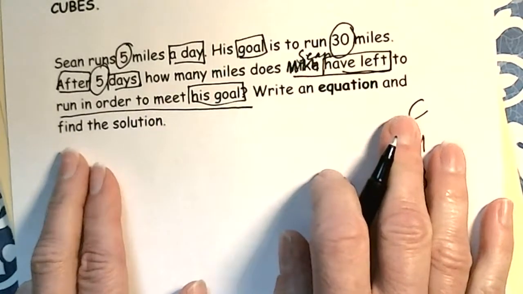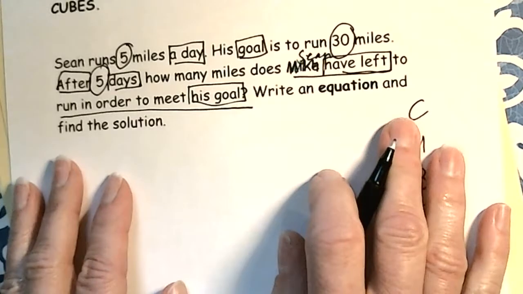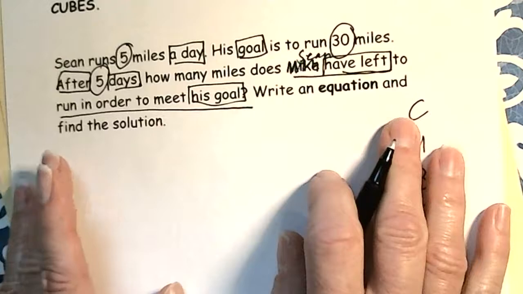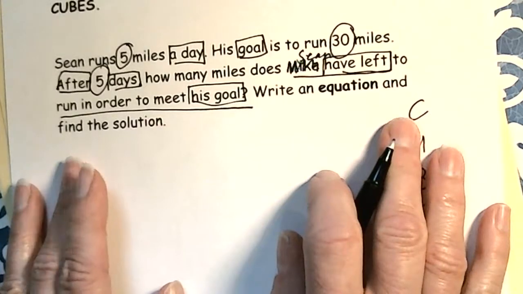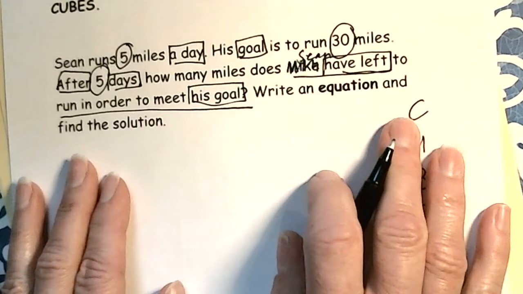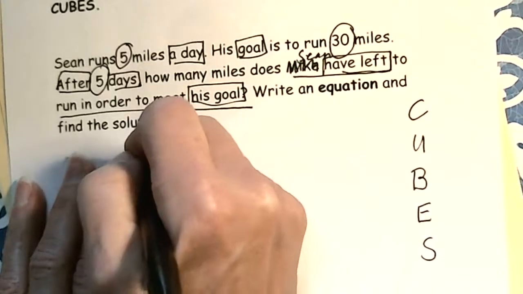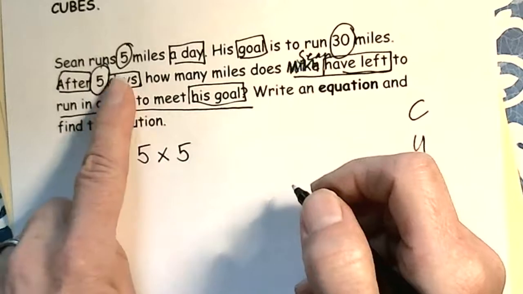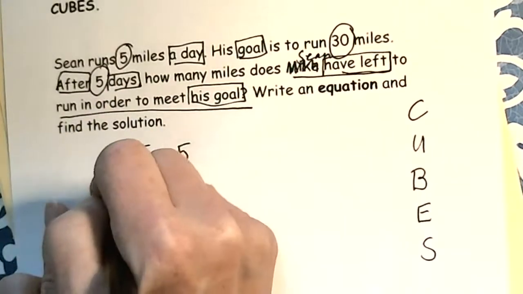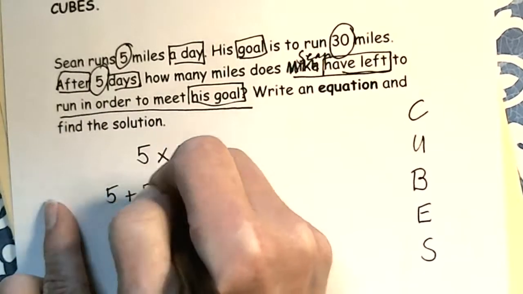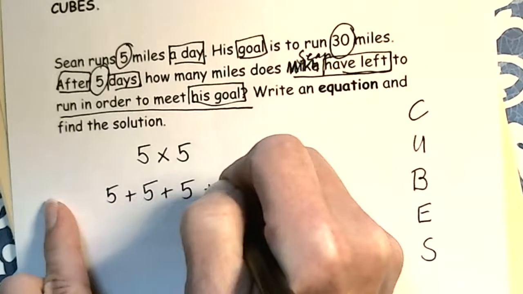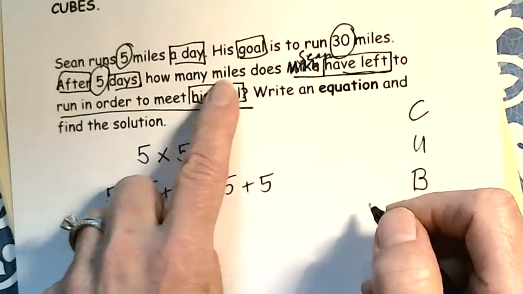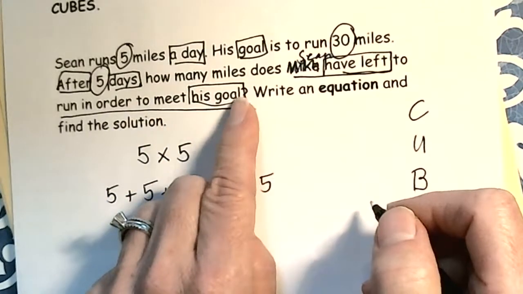Okay, so I have to figure out, how do I solve this problem? What is my first step? Well, he runs 5 miles a day, and they're telling me after 5 days, so 5 times 5, so he's done that. Or I could do 5 plus 5 plus 5 plus 5 plus 5, because that's 5 days. How many more miles does he have left to run?